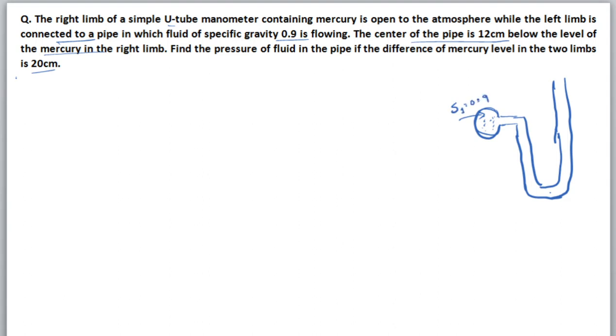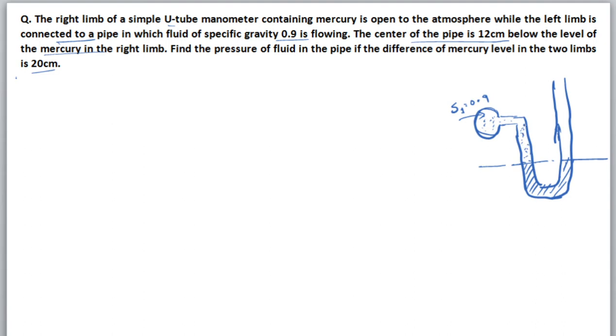So always remember, in a manometer there are two types of fluid. One is a heavier fluid and the other one is a lighter fluid. The heavier fluid is generally mercury, and the lighter fluid is whichever is flowing through the pipe.